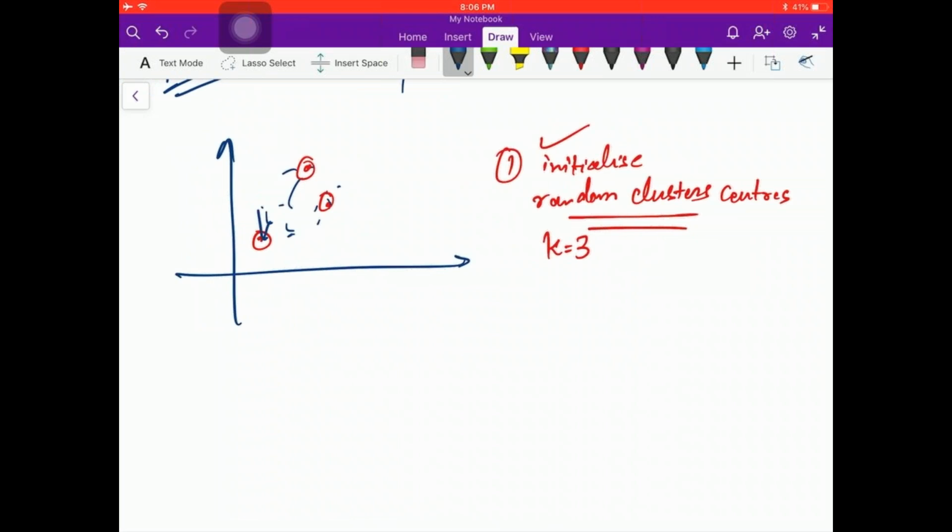Now after this is done, each point will be calculated a distance from the center. For example, all the points are calculated a distance from here. Similarly, all the points are calculated the distance from here, and similarly from here.